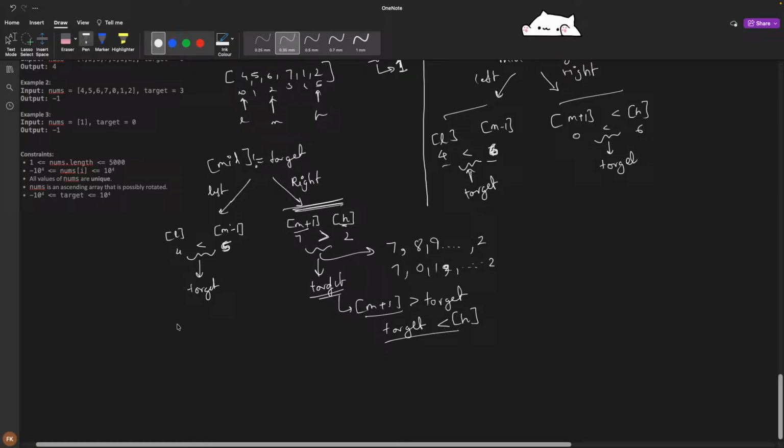And there could be another case where let's just say our target was 4 or anything, and we got to a case where m minus 1 and L, if L is greater, it is 4 and this one is smaller, example 2, then the rotation peak would be here.